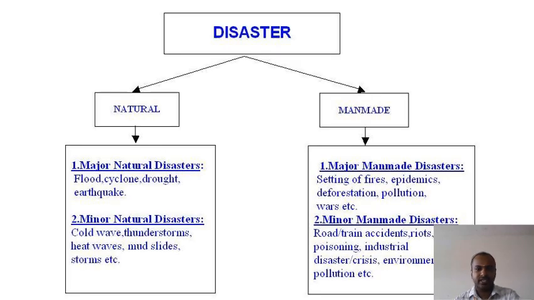Next, we are going to discuss briefly the disaster types. Disasters are categorized into two types. The first one is natural, and the second one is man-made. A natural disaster is a disaster occurring naturally.